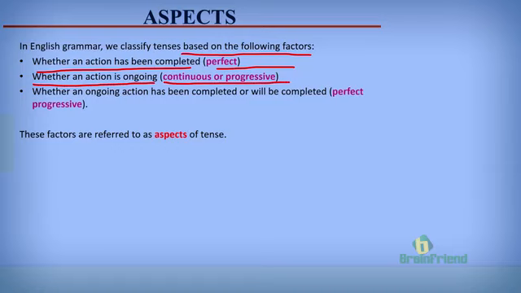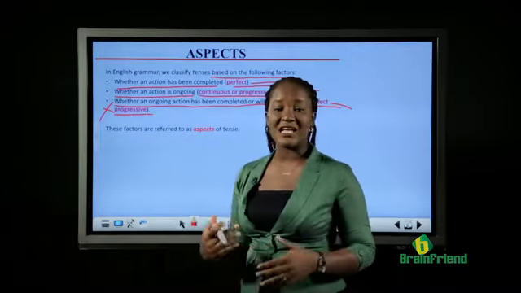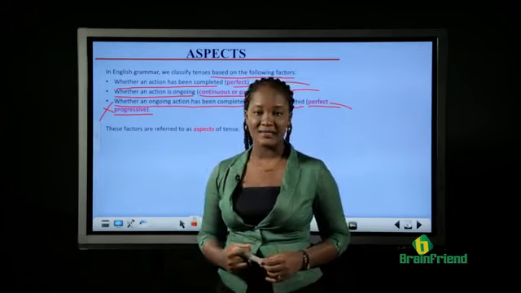We also classify tenses based on whether an ongoing action has been completed or will be completed, and this aspect is known as the perfect progressive aspect. So these are the aspects by which we classify tenses. But for the purpose of this lesson, we won't discuss the last aspect. We would see that aspect as we proceed into higher classes.